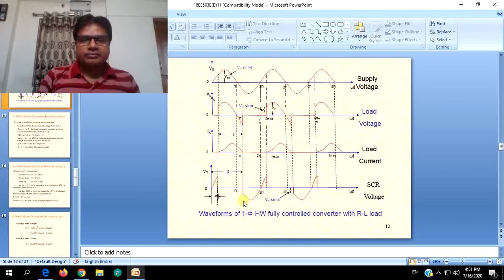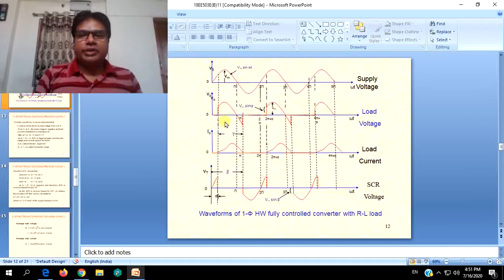But in this case, the SCR will be blocking reverse voltage from beta to 2 pi, and the SCR will be conducting from alpha to beta. All the angles are measured from 0, alpha from 0, beta also from 0.